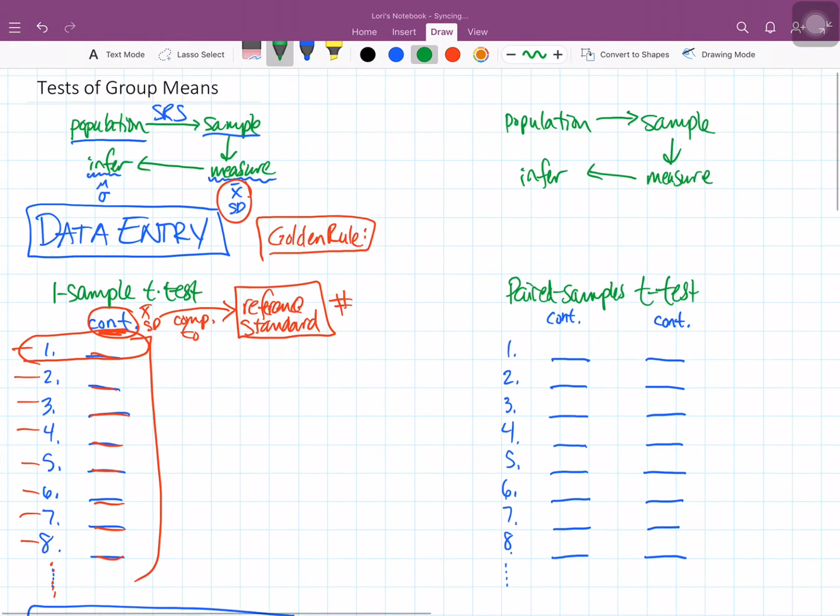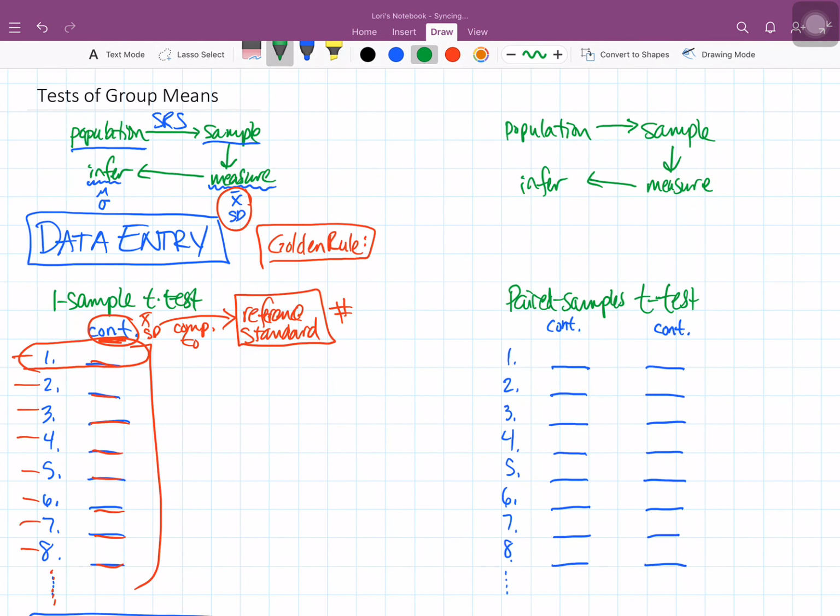So let's go ahead and look at what this same exact set of information looks like for a paired samples t-test. And the main reason that I want to show them here side by side is that I would like for you to see the similarities. Again, the golden rule is that each row represents a person.